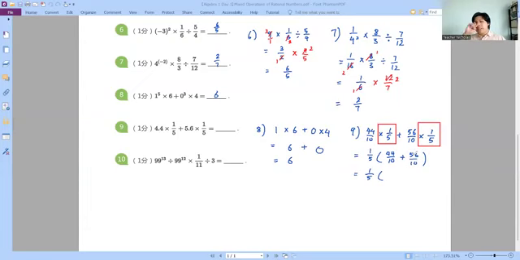Now, if I were to actually add this up, I get 100 out of 10, well, which is just 10. So it's 1 out of 5 multiplied by 10. Well, that's 10 divided by 5, which is 2. My answer for question 9 is 2.